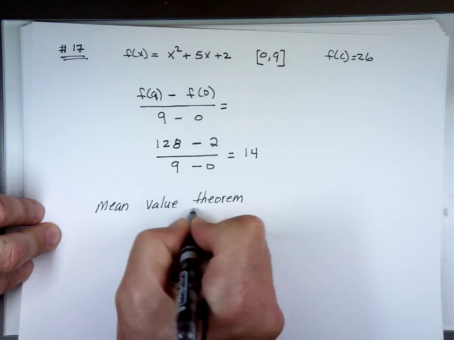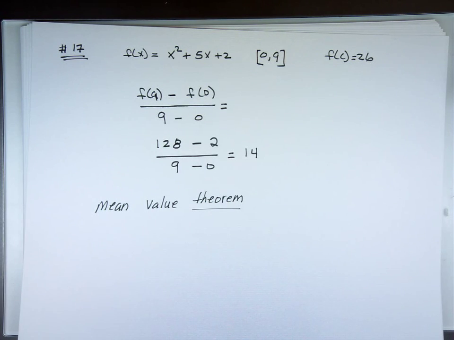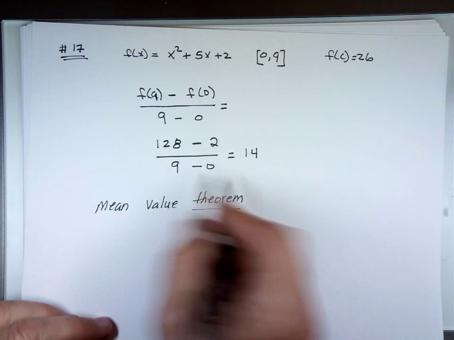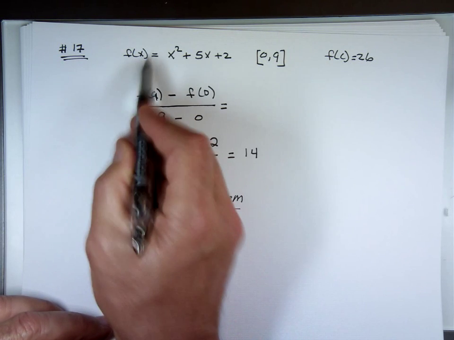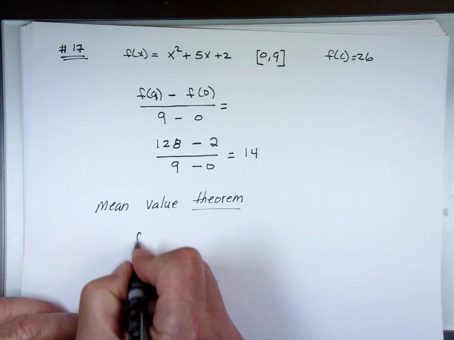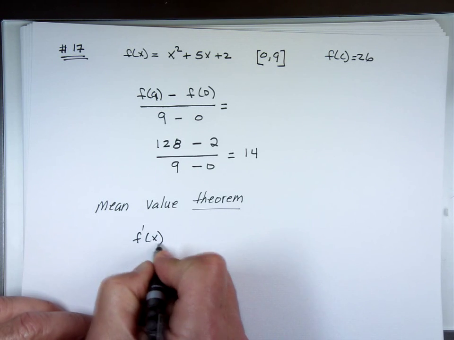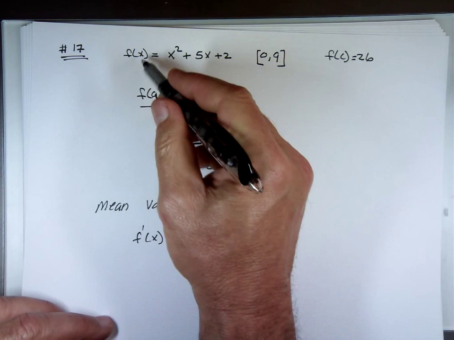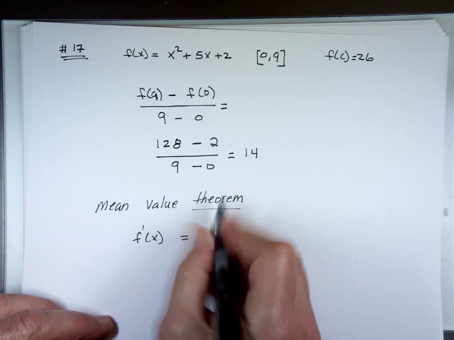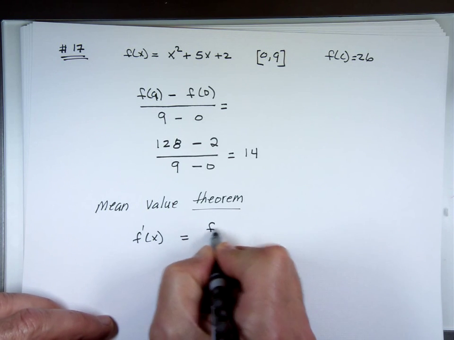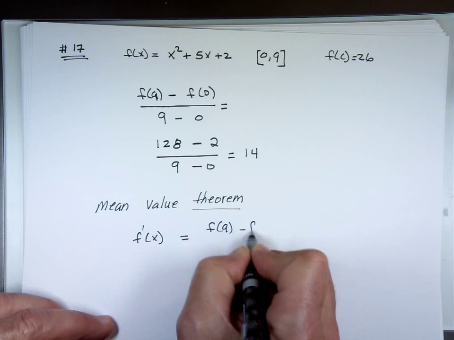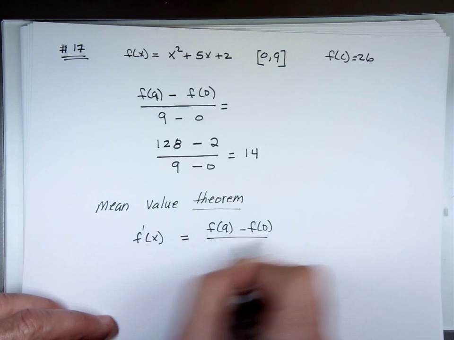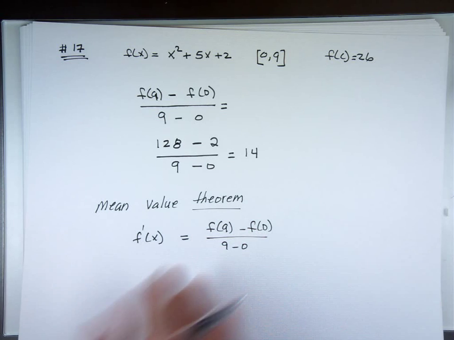The mean value theorem says there has to be a function where if you take the derivative of that, it has to be a number between this and that, which we didn't cover. The derivative of that is equal to that number, which is f of 9 in this case, minus f of 0 divided by 9 minus 0. But that's not what this question is. This one is actually the intermediate value theorem.